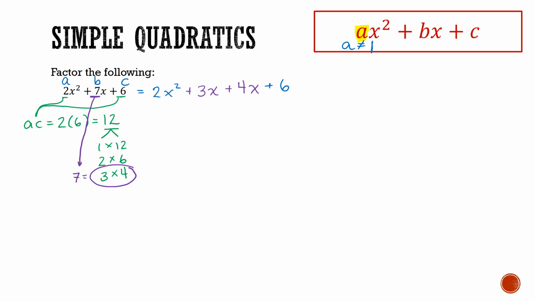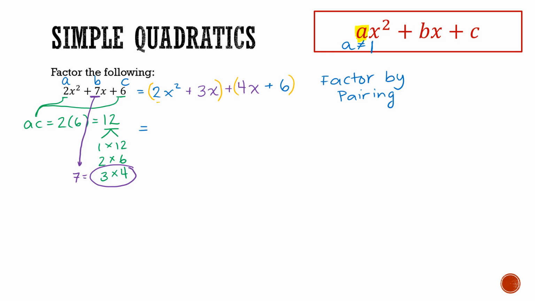So this next part is what I call factoring by pairing. I'm going to separate these terms into pairs. So now I have 2x squared plus 3x in one pair and 4x plus 6 in another pair. Now that I have these paired off, I'm going to factor the pairs by pulling out their greatest common factor.